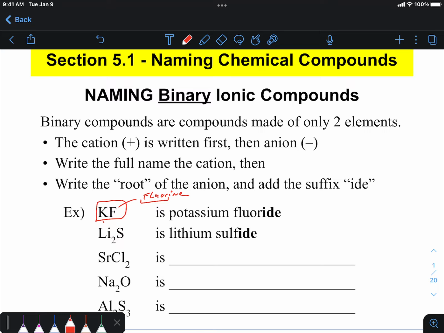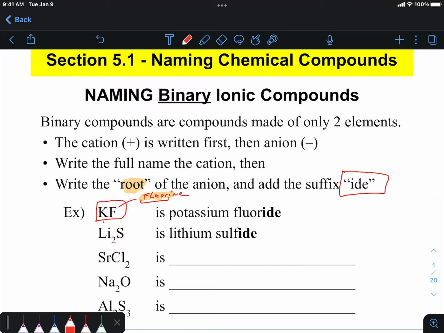So you're going to write the root of the anion. And then you're going to add the suffix IDE. So instead of saying potassium fluorine, it's potassium fluoride. And you'll pick up on this because you've heard of compounds referred to over and over again where the second element name ends in IDE. Right? And this is standard because this is how we go about naming these compounds.